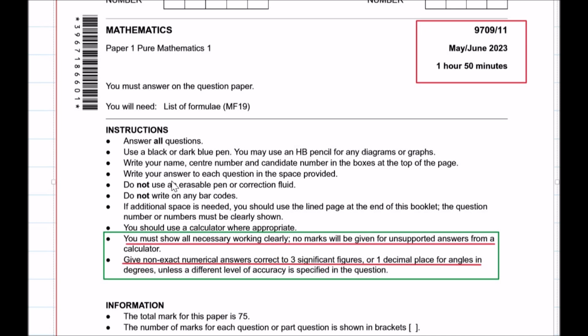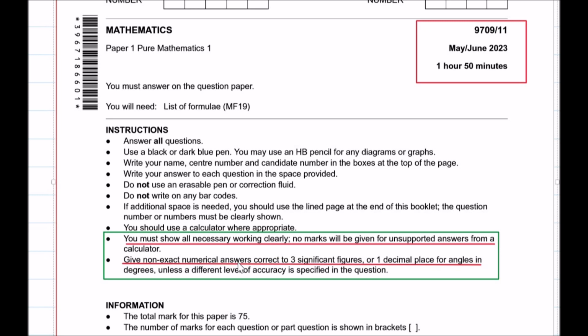You always read all the instructions carefully. As you can see here, the last two instructions I have boxed, so they are very important. First one is you must show all necessary working clearly. No marks will be given for unsupported answers from a calculator.